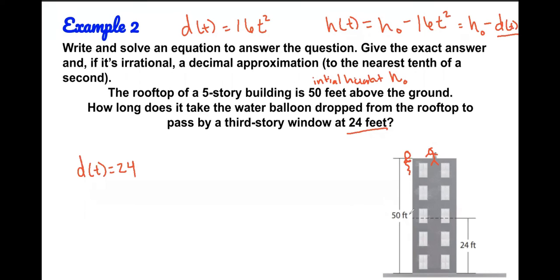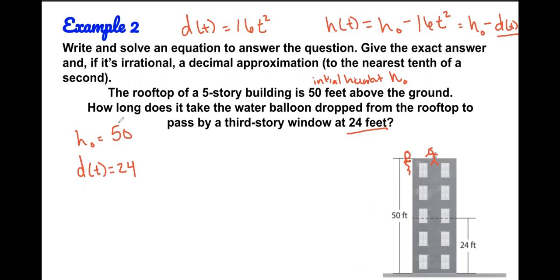That water balloon is going to drop, and we're just interested to know when it passes this third story, which is at 24 feet. So our initial height, we can say that it is 50 feet, that starting point. Now, we already know these two pieces of information, and we can go ahead and substitute our values.